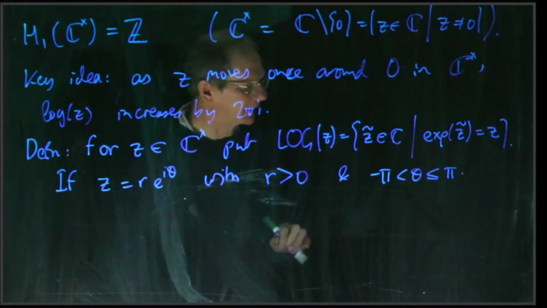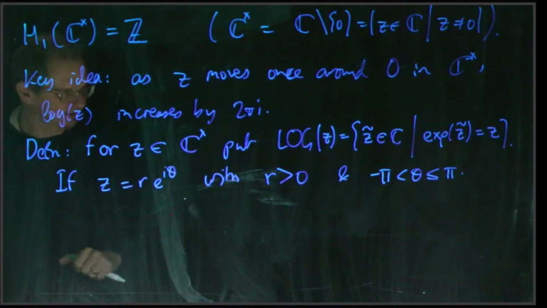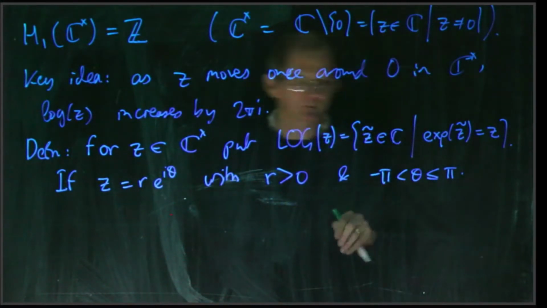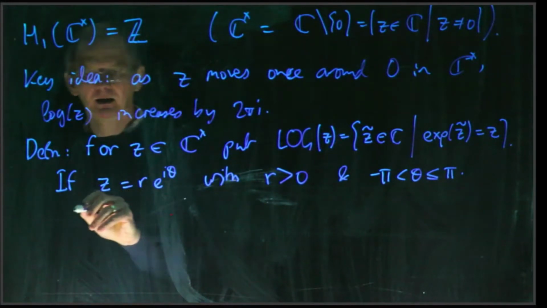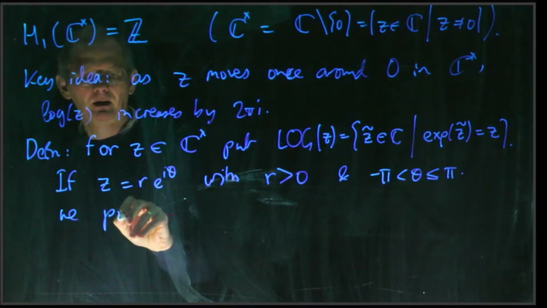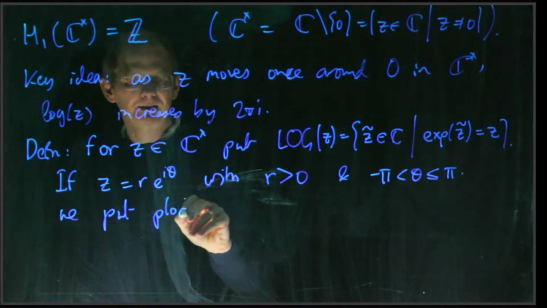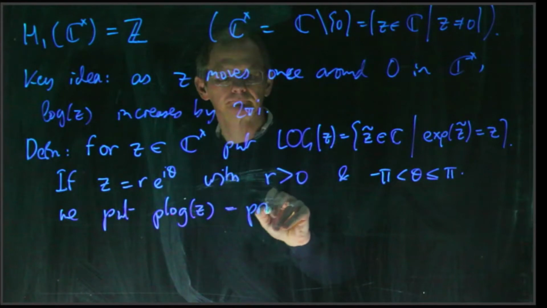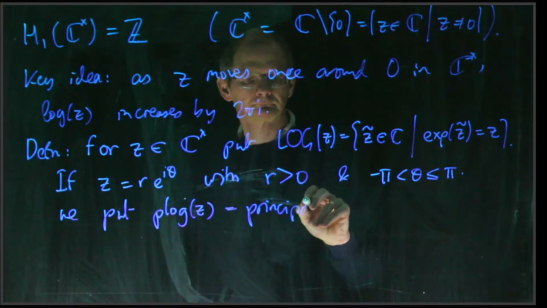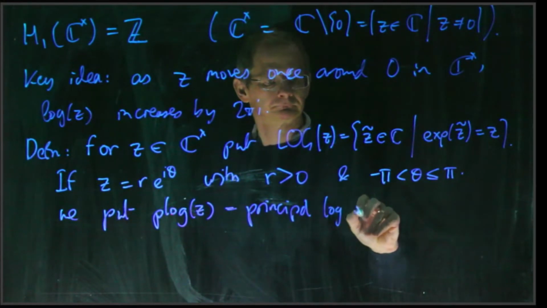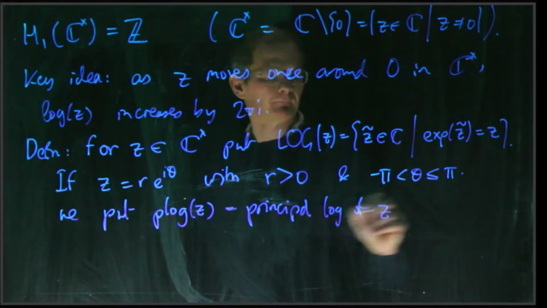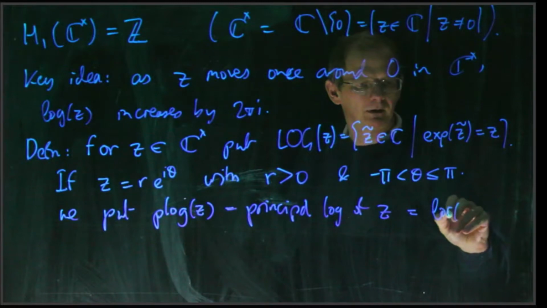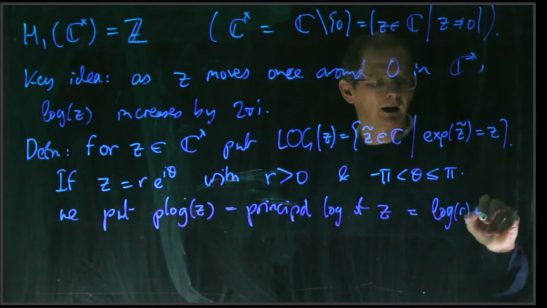We can always write z in this form in precisely one way if we restrict the angle to be between minus pi and plus pi. So I'm going to write pLog z, the principal logarithm. That's just the ordinary real logarithm of r, plus i theta.